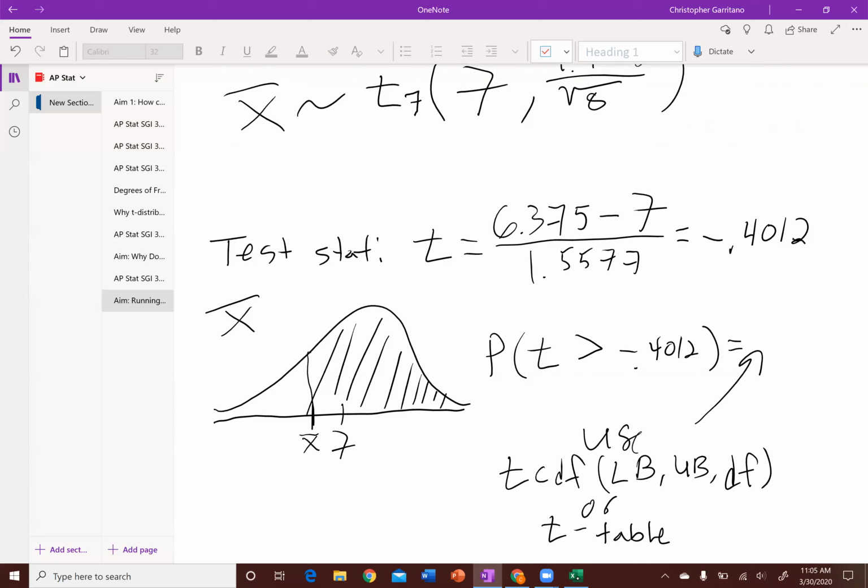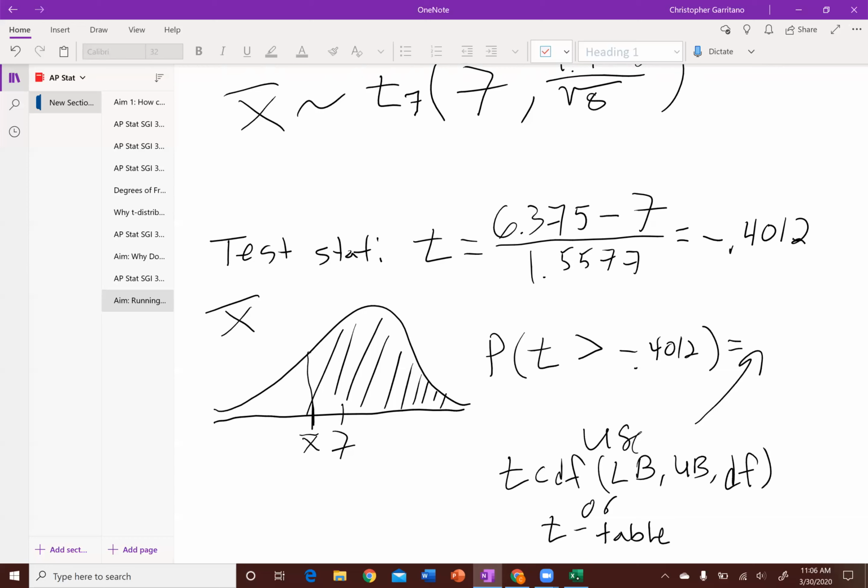All right. So in this particular case, my lower bound is, let me go to second distribution, TCDF. My lower bound is actually the test stat of negative 0.4012. My upper bound is just some absurdly large number, like 9999999. And my degrees of freedom, of course, are 7.